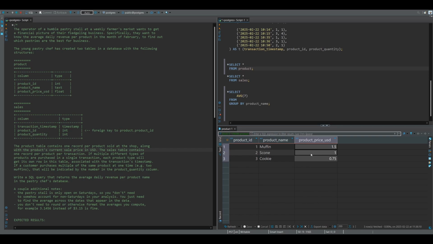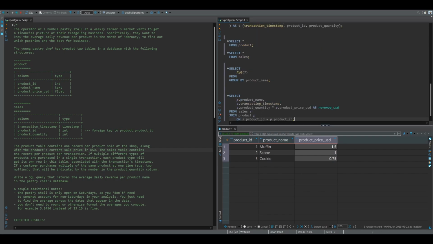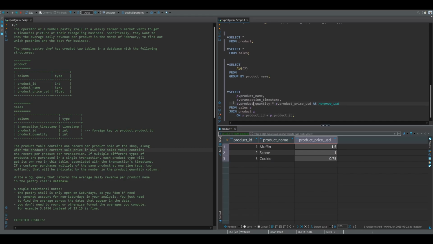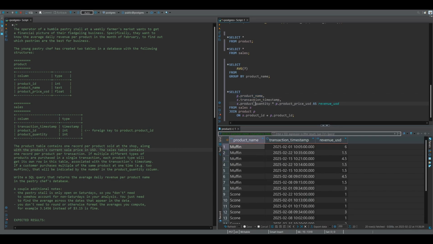And what is revenue but quantity times price? So let's use all of that to create a revenue column for our transaction data, like so. And let's bring in product name from the product table while we're at it, since we know we're going to need that later. All right, so we've solved the revenue half of the daily revenue problem.